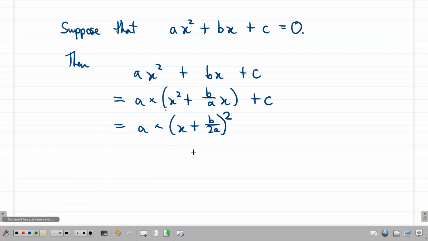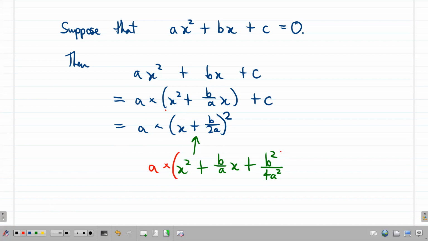Let's have a go. So this is x squared plus b over 2a times x plus itself gives me b over a times x. And then on the end, I have b over 2a all squared, which is b squared over 4a squared. But remember, we are multiplying this by a on the left. So I want to take a times the term in brackets and see what I get.